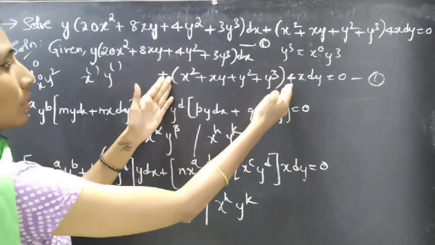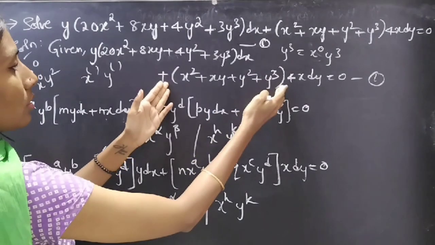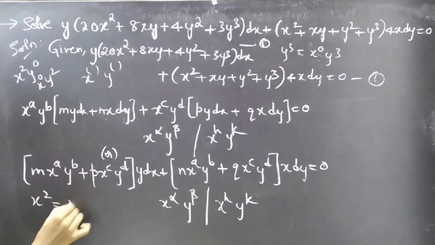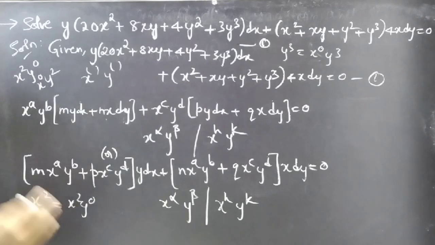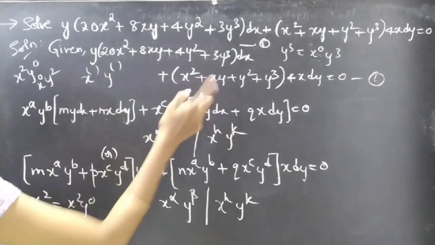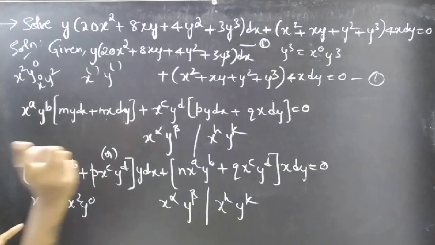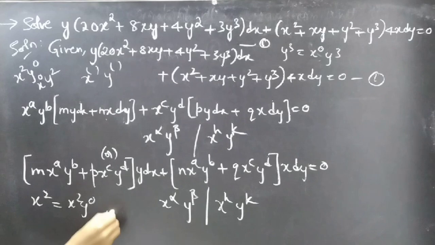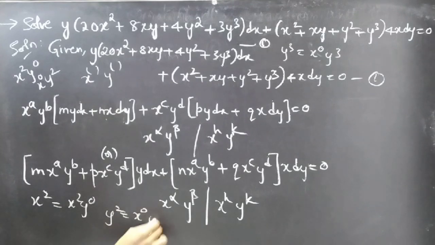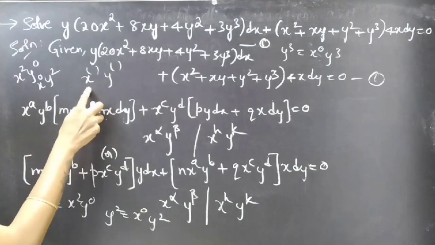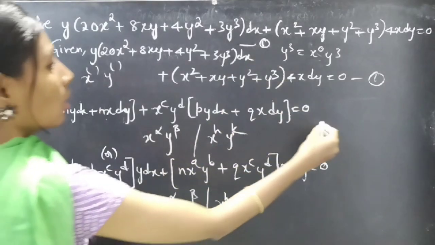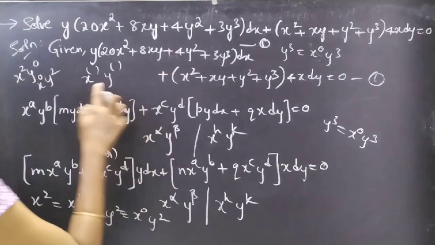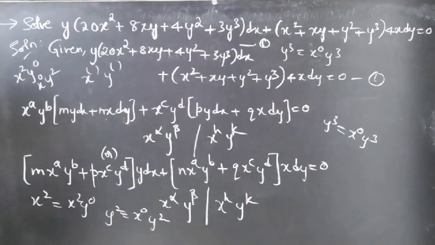Likewise in this term we have x², so we can write this x² as x² y⁰, that is x power into y power form. Likewise you have xy, which is x¹ y¹. And you can write this y² as x⁰ y², and the last term y³ can be written as x⁰ y³, again of x power into y power form, right?